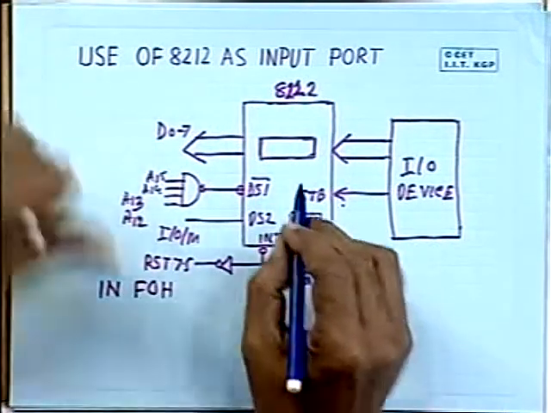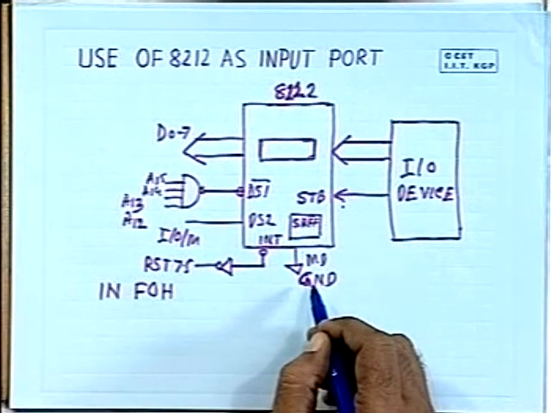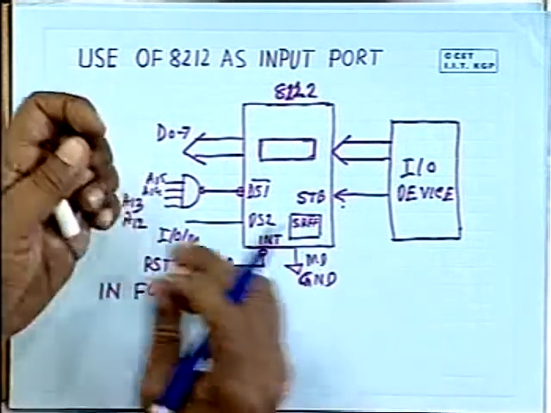So, you see the 8212 can also be used to implement interrupt driven data transfer, particularly whenever it is being used as an input port. But one point you must notice: the operation of this device is decided by the hardware configuration.